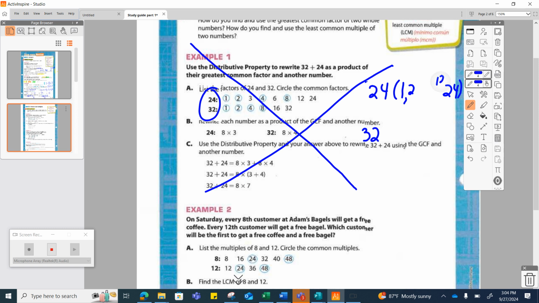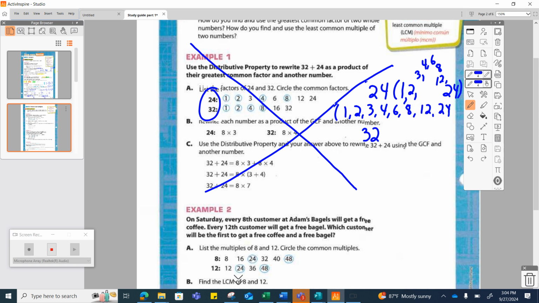That gives you 24. 3 is a factor of 24, 3 times 8. I'm running out of room there. 4 is a factor of 24, 4 times 6. So if I wanted to rewrite these, it's 1, 2, 3, 4, 6, 8, 12, 24.